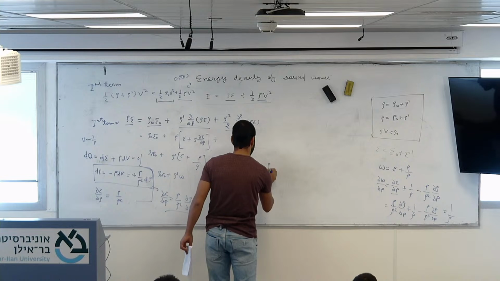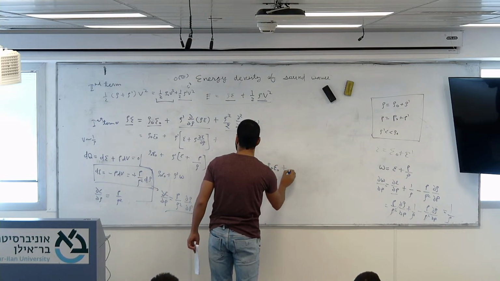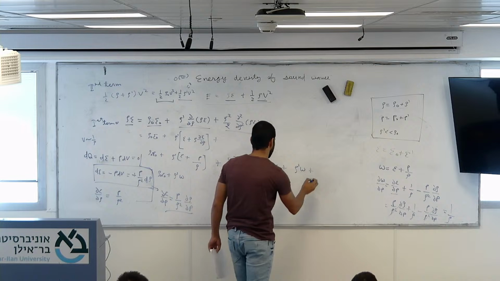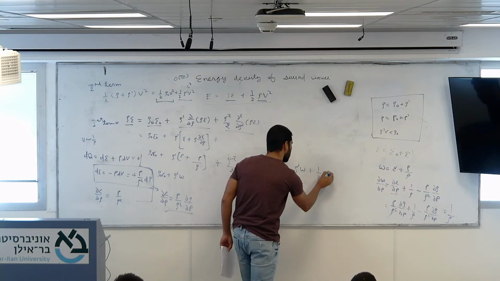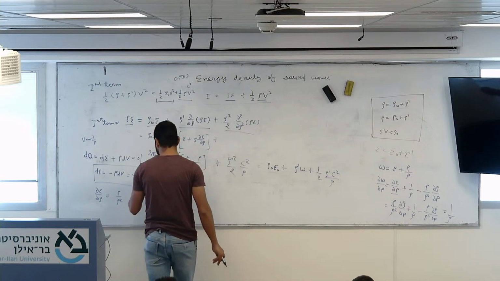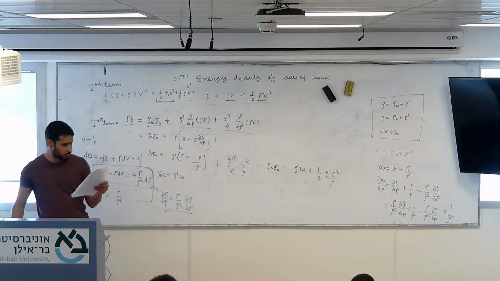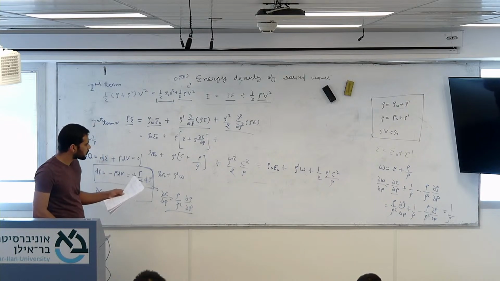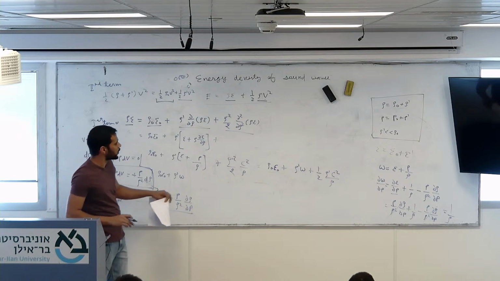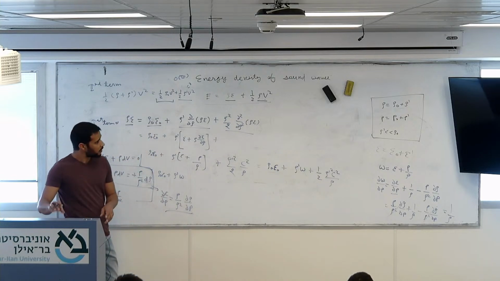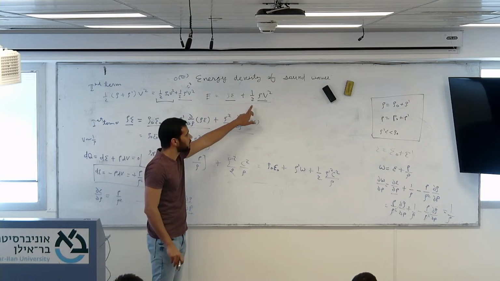This term is line square, right? And then we add this term, the second term, which is only this part.